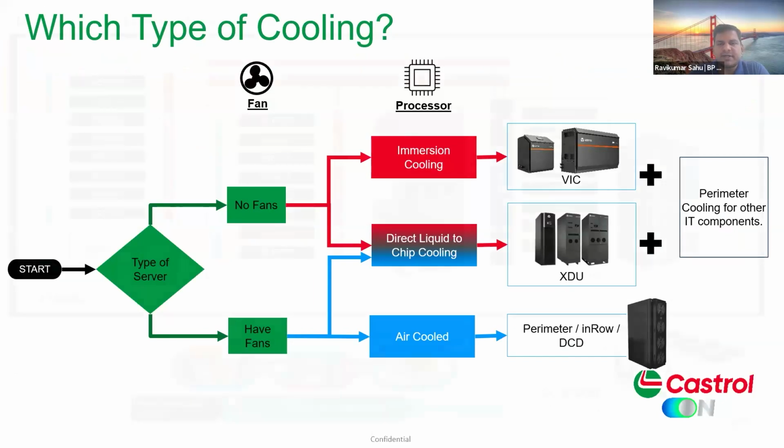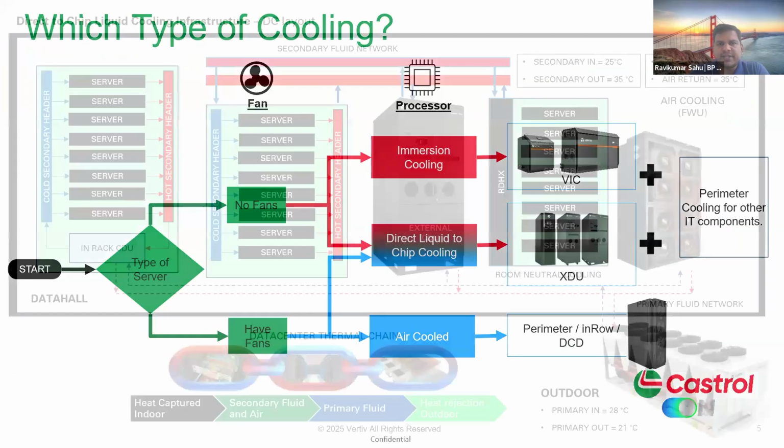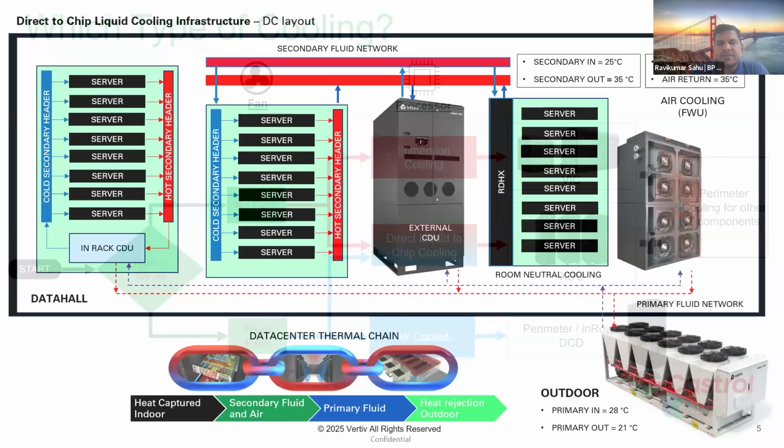In direct to chip liquid cooling, this is the layout. I'm just giving you a brief on how this works, then we'll come to the topic. Heat is rejected from the server and passed through the CDUs.